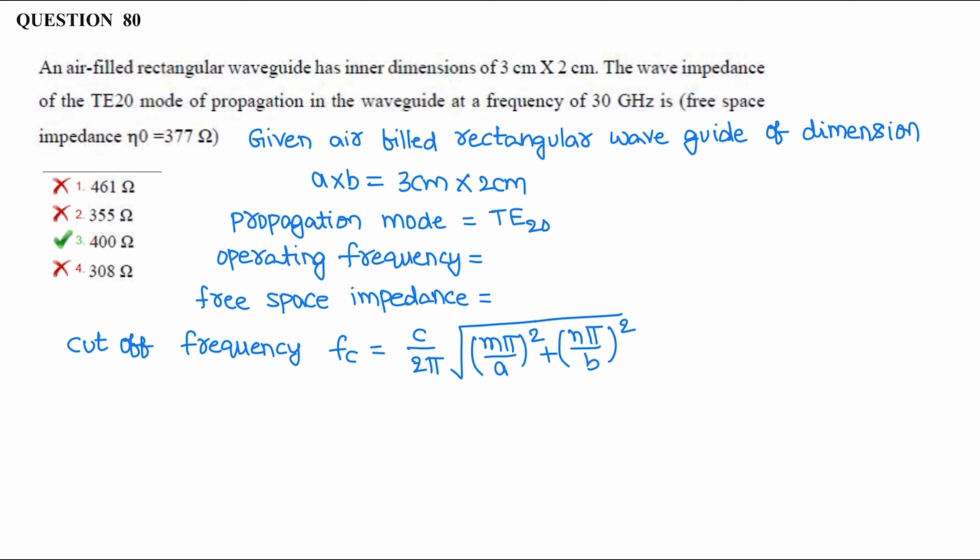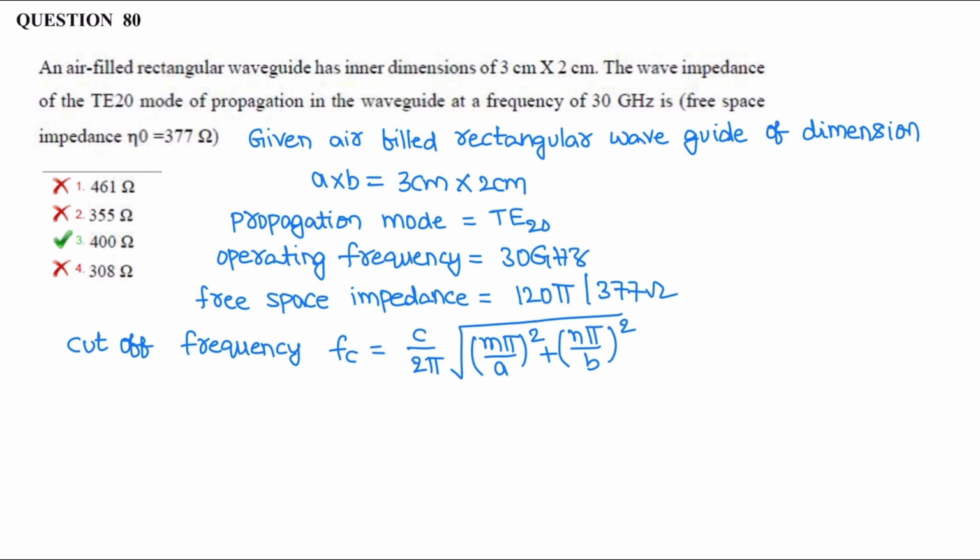Now the propagating mode is TE20 and the operating frequency is 30 gigahertz. Free space intrinsic impedance is 120 pi or 377 ohms.